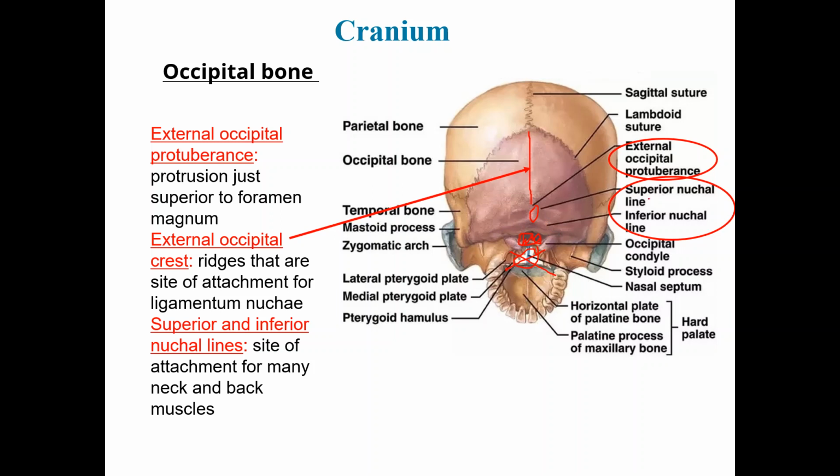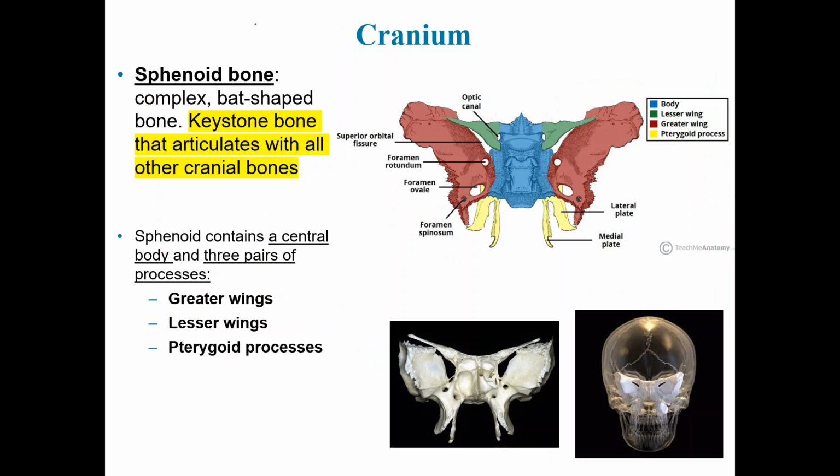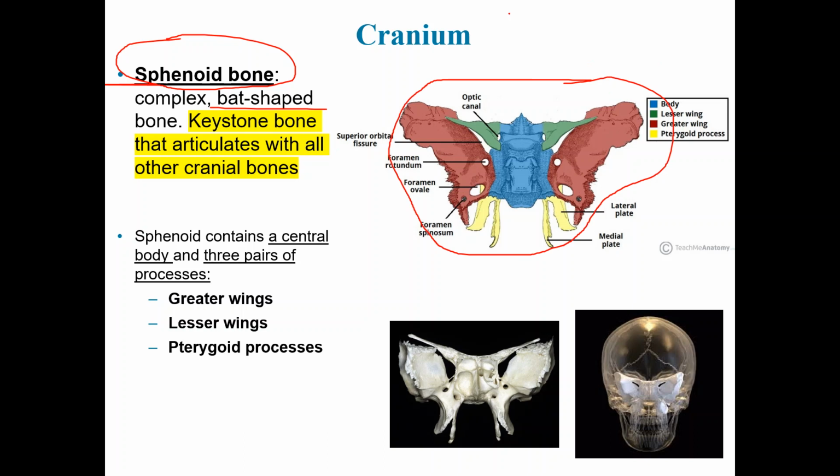Then we have the superior and inferior nuchal lines, which are again the site of attachment of neck and back muscles. So this is it for the occipital bone. Now we're going to look at the sphenoid bone, which again you can't miss because it has this butterfly or bat shape.